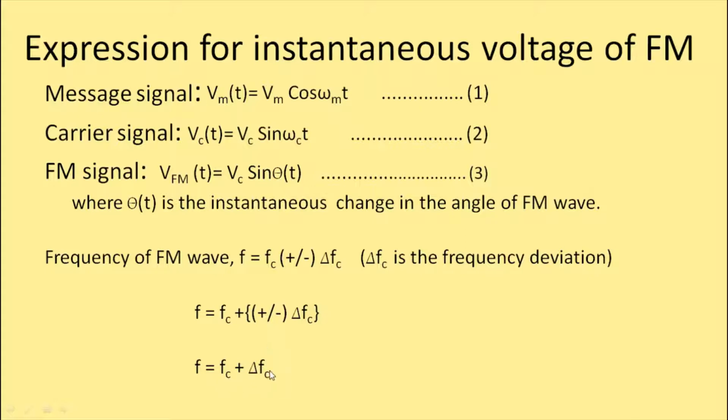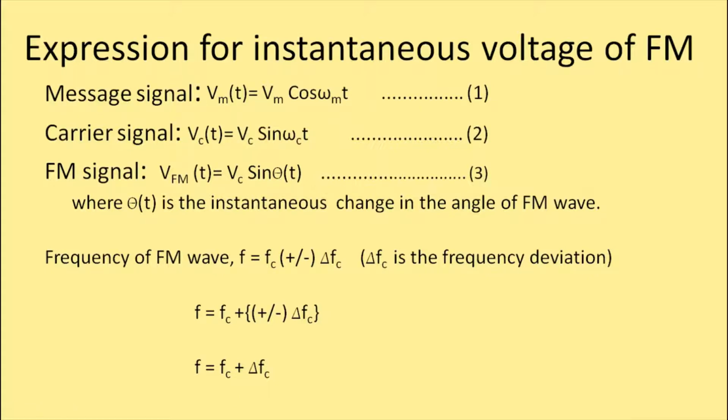Now this delta Fc value could be a positive value or a negative value, but in this expression of F for the FM signal frequency, I have not mentioned whether delta Fc is a positive value or a negative value. In general, I am just adding it to Fc. In case delta Fc is a negative value, then automatically it gets subtracted from Fc.